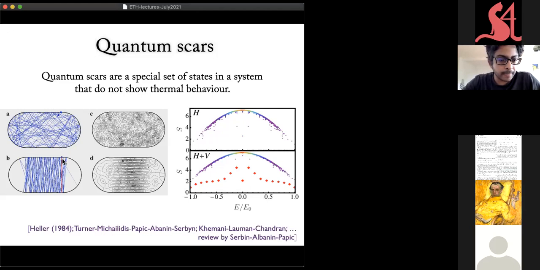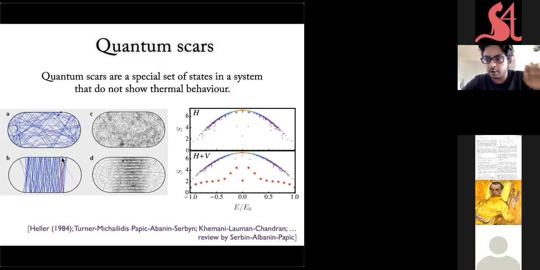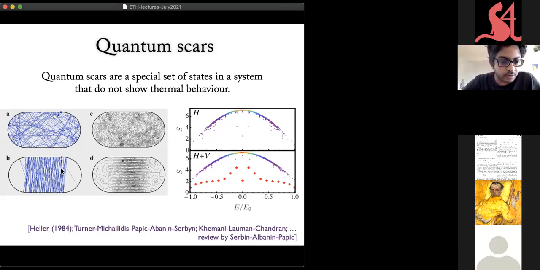But you can adjust the launching angle of your ball in such a way so that it bounces back and forth between these horizontal lines, and it undergoes almost like a periodic motion between these two walls. So this is a very special state, and it does not quite fill up the entire region.